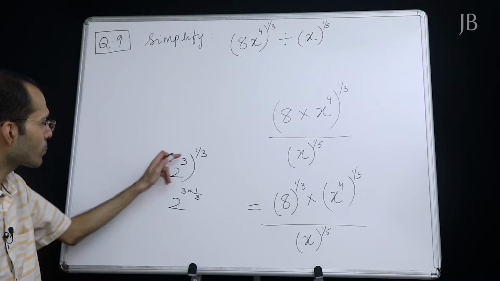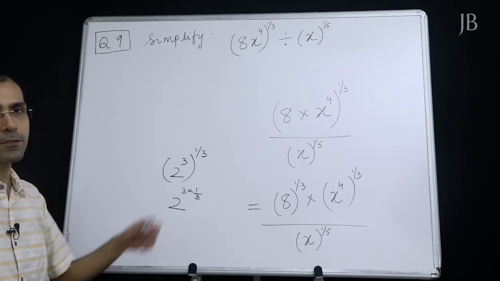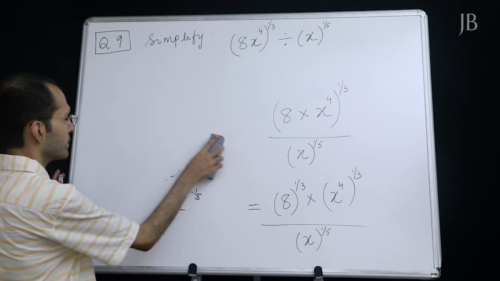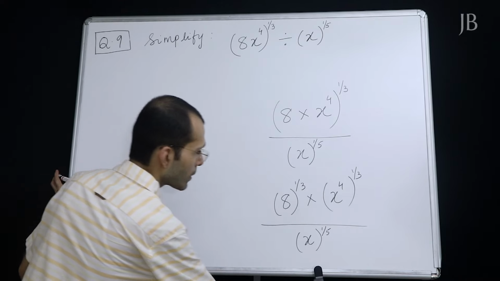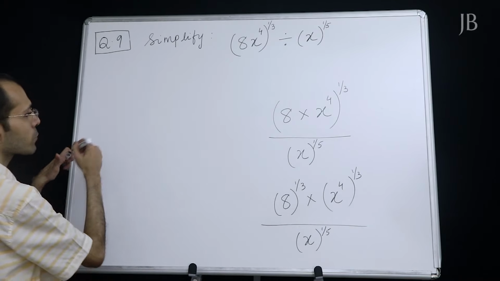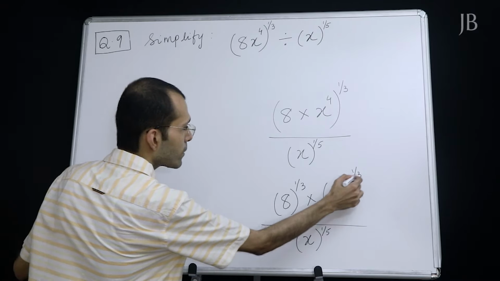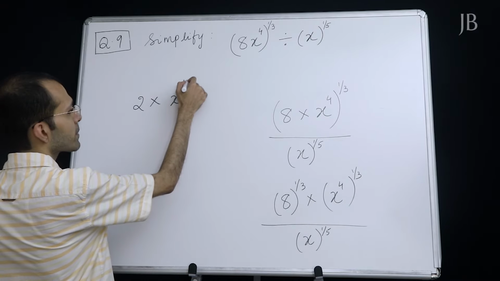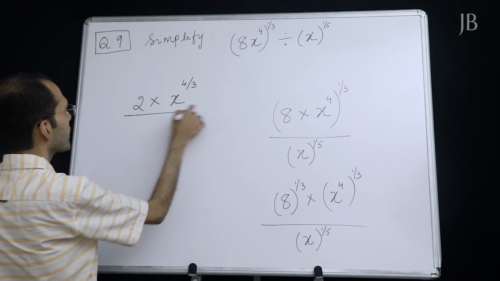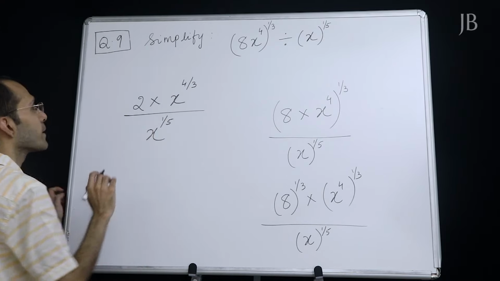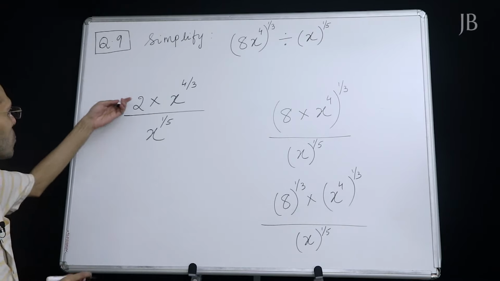A raised to m, the whole raised to n is a raised to mn. So it will come 2. So now this expression will reduce to 2 into, again the two powers will get multiplied, x raised to 4 by 3, the whole divided by x raised to 1 by 5. So 2 will remain 2.